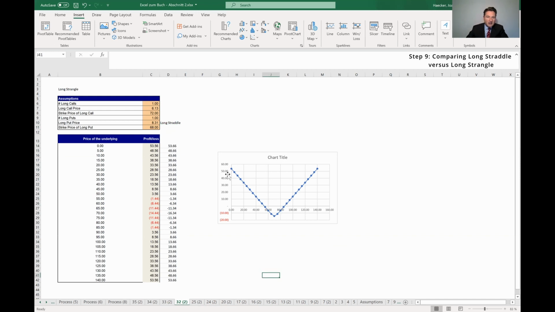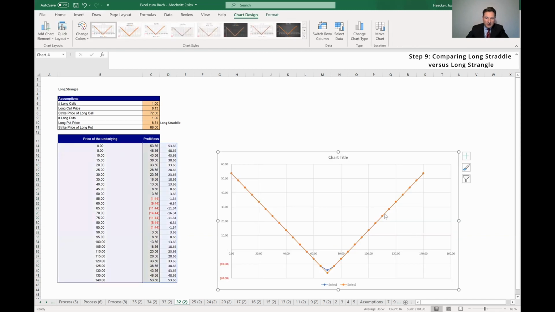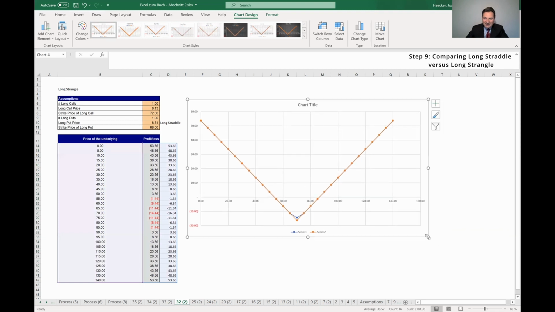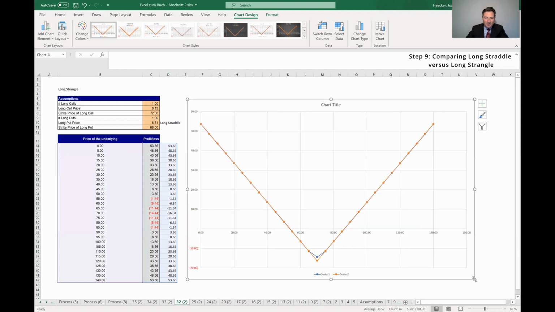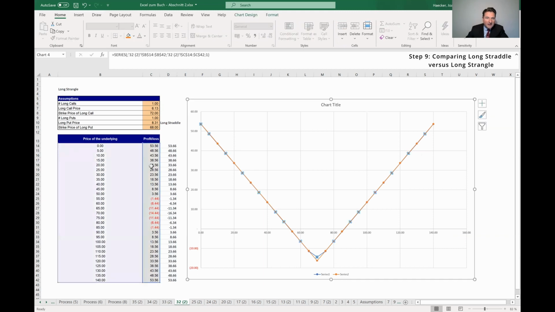And we create a chart. And we can see on the chart that there's just a slight difference between the long straddle and the long strangle. You see, if I click on the blue curve, the blue one is the long strangle.